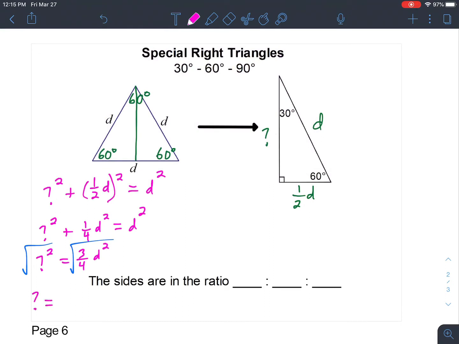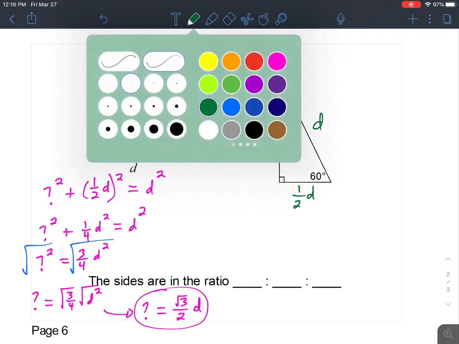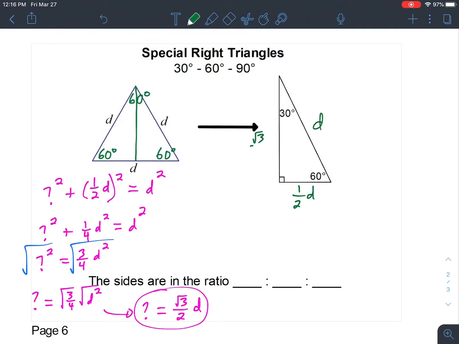Now the question mark is square root of 3/4 and the square root of d squared. And then finally, finishing it off, this square root of the fraction, we can do the square root of 4, so we know that the bottom is going to be 2. We can't do the square root of 3, so it's going to stay. And then square root of d squared is d. So it turns out that the missing side in this was going to be square root of 3 over 2 times d.